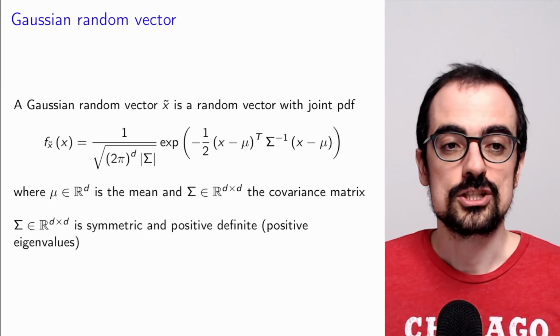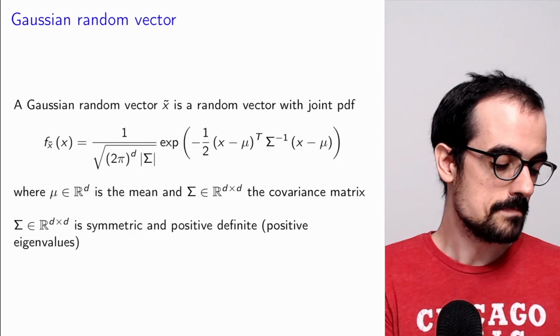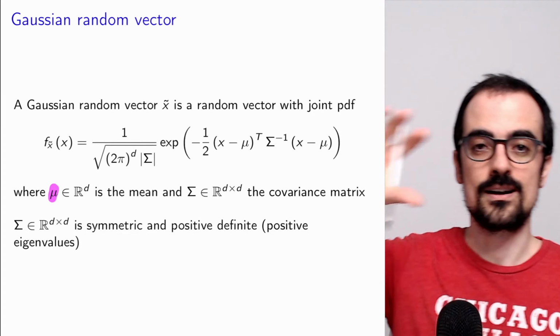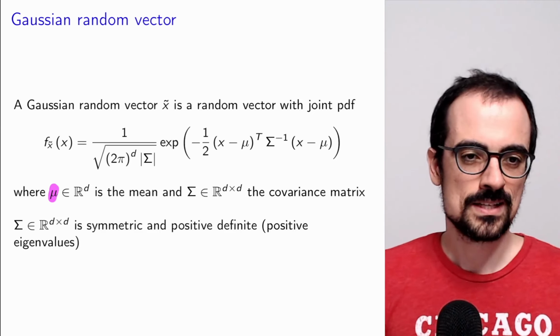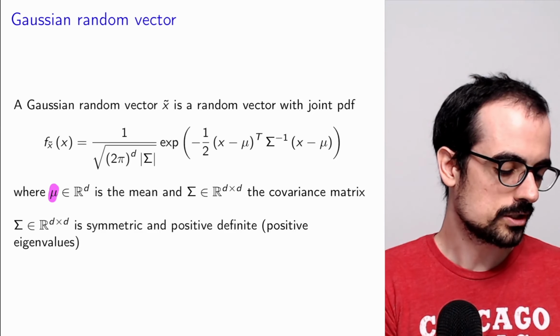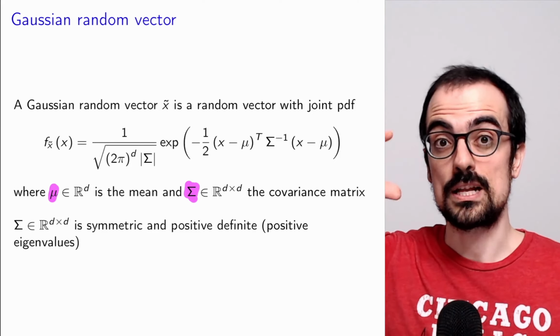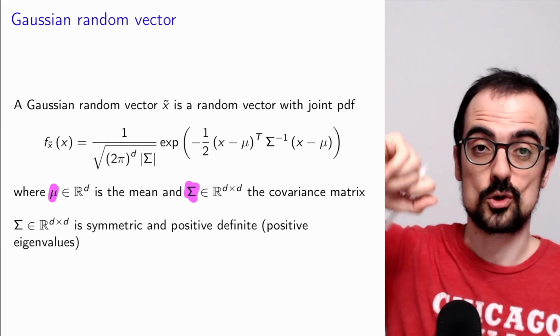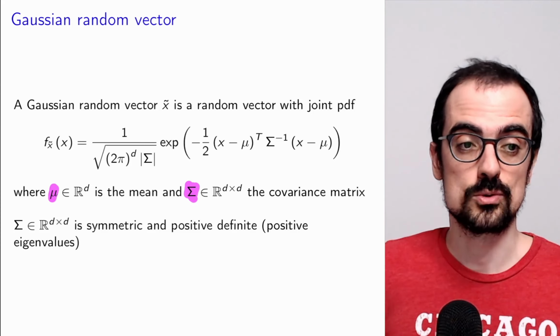This is the definition of the Gaussian random vector. We have two different parameters, the mean, which tells us where this cloud needs to be centered, and the covariance matrix, which tells us how these contour lines should be rotated with respect to the coordinate axis and how spread out you are in each of those directions.